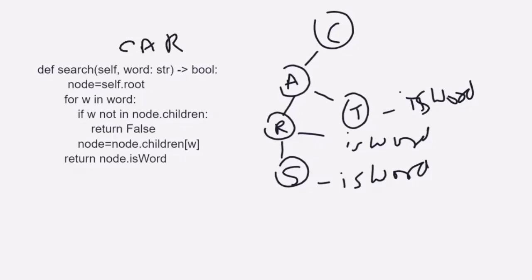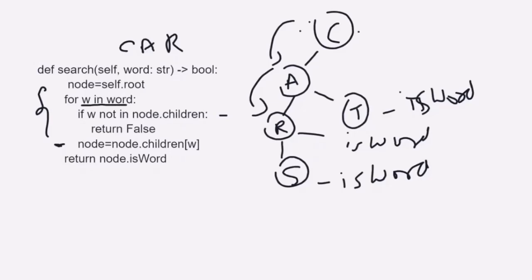Okay, so here also we will check for each character W in word, whether it does not exist in the children, because suppose C does not exist, then we will simply return false. Or if C exists and then A does not exist, then we simply return false. But if this condition is false, we come to the next statement, node equals node.children[W], which means we will point our node from C to A and then from A to R. And this will run for all of the characters in word.